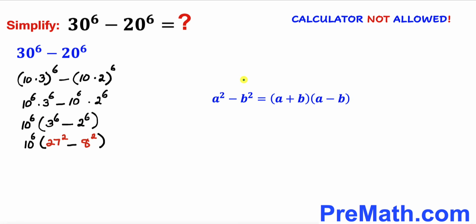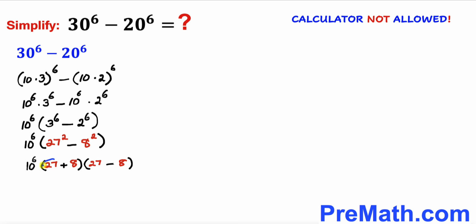Now let's recall this famous identity. a square minus b square could be written as a plus b times a minus b. We are going to apply this identity on this part. If I label 27 as lowercase a and 8 as lowercase b, then this whole part could be written as 27 plus 8 times 27 minus 8, as you can see in this next step.